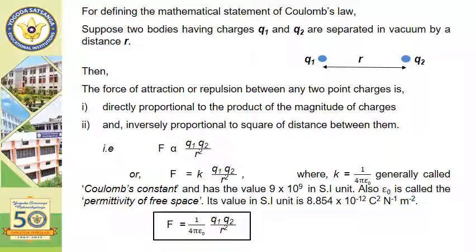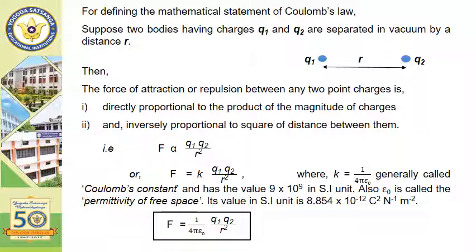Then this force of attraction or repulsion between them is, number one, directly proportional to the product of the magnitude of charges. Mathematically, we may write F proportional to the magnitude of charge Q1 into the magnitude of charge Q2.